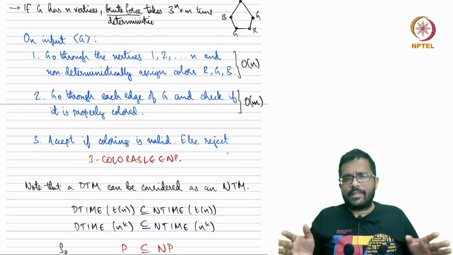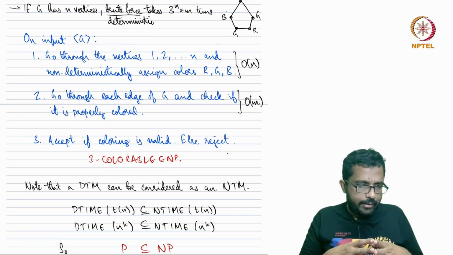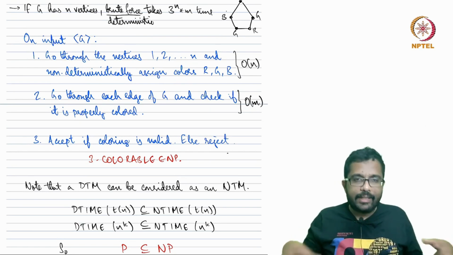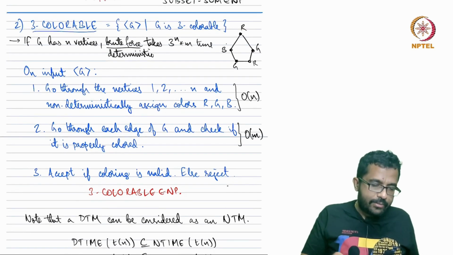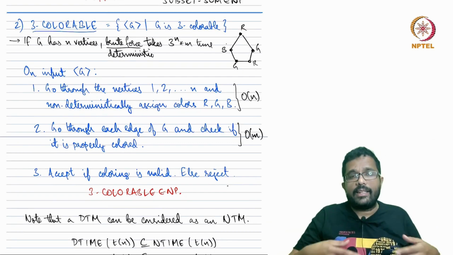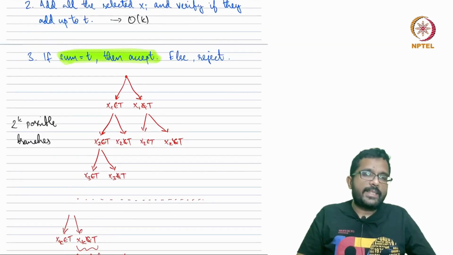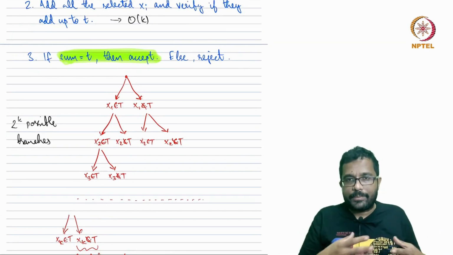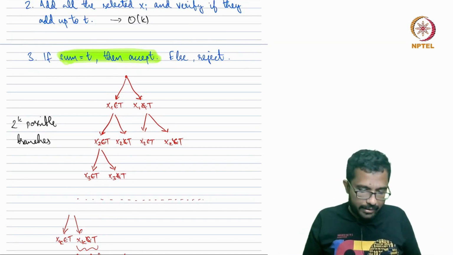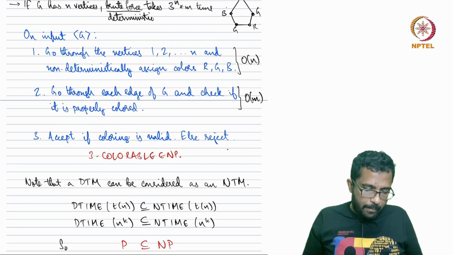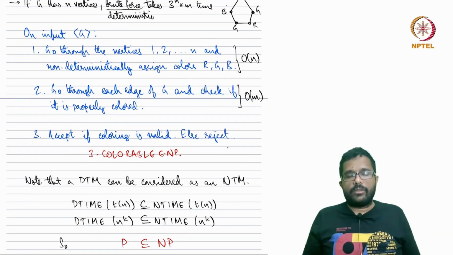In both we followed a similar approach. We non-deterministically made some choices and then we verified it. In this case, we non-deterministically assigned the coloring and then we checked whether this coloring is proper. In the earlier case, we non-deterministically chose a subset and then checked whether the subset added up to the required sum. So there was a similarity in both of these things.